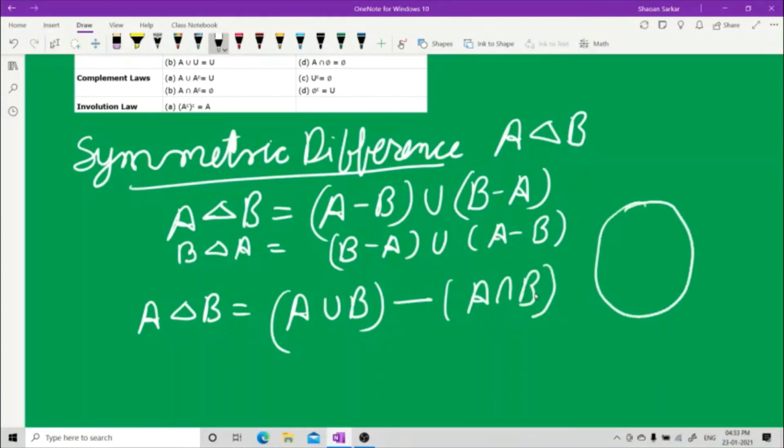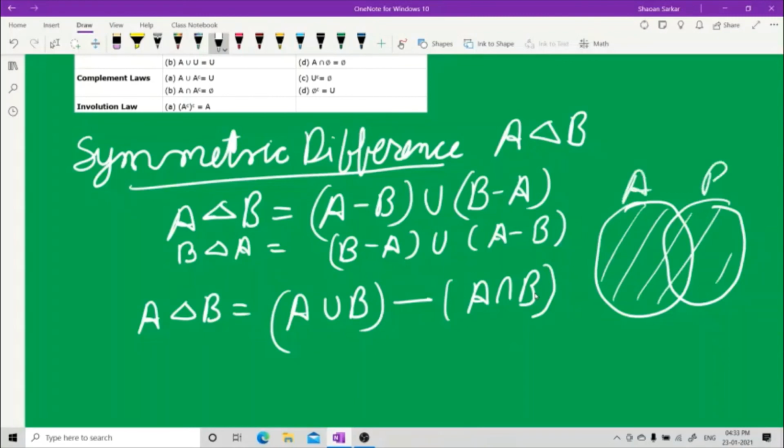This is your A, this is your B. The total thing is A union B, from which you have to remove this yellow portion, that is A intersection B. That is the symmetric difference. I hope you understood this.